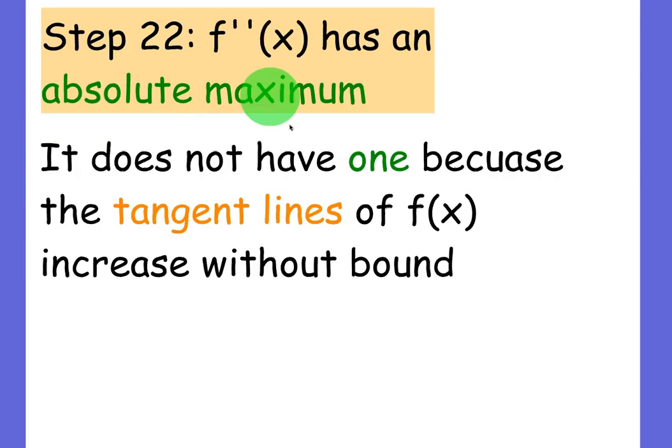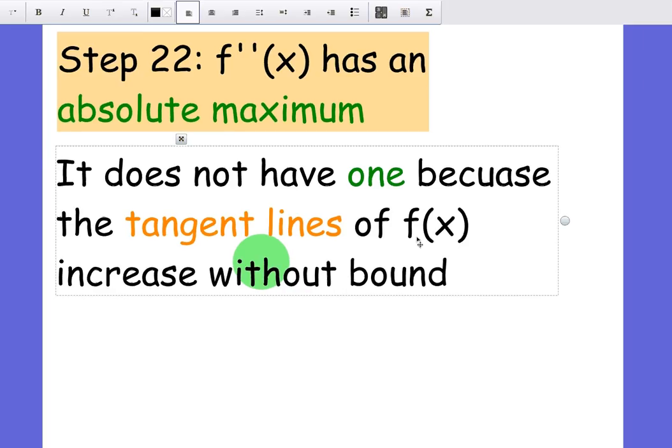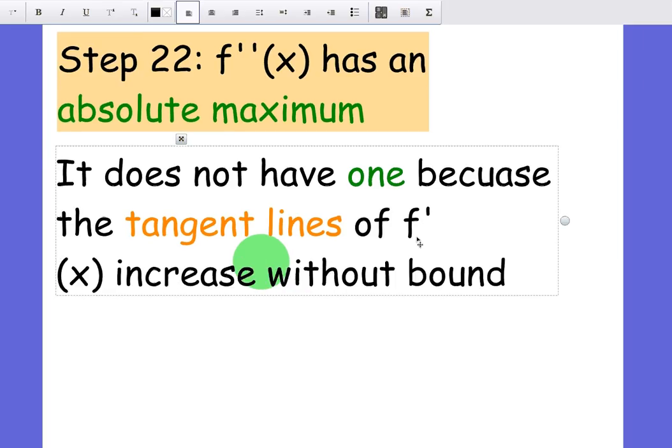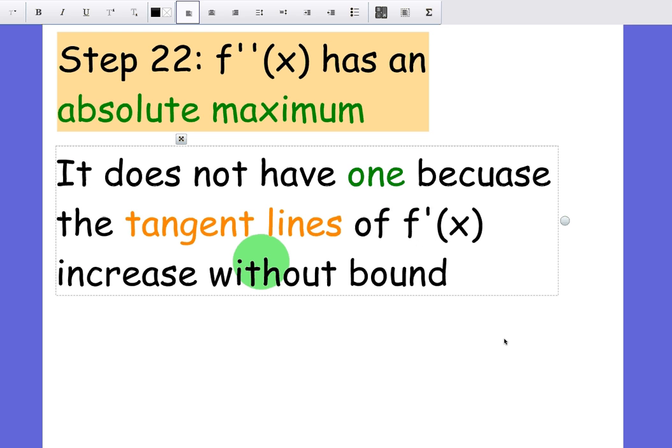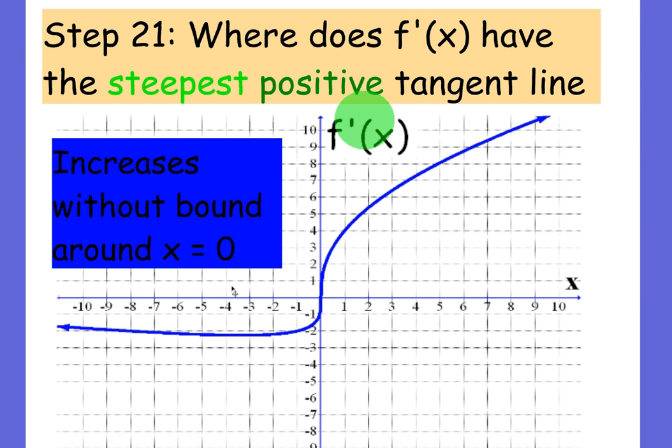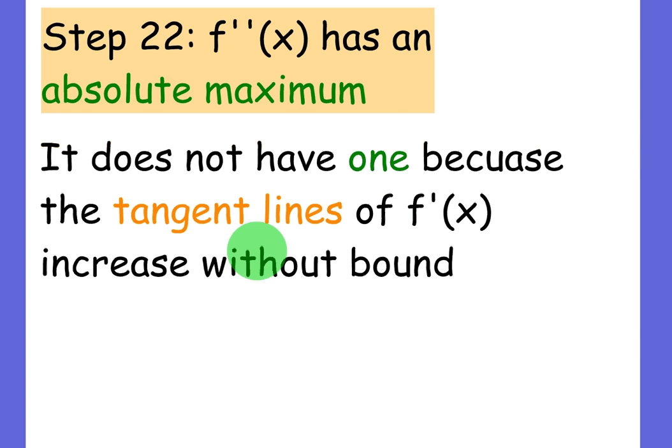So f double prime of x will not have an absolute maximum because f prime of x increases without bound. Particularly right around 0, we can see the tangent line is pretty close to infinity. So f double prime of x is not going to have an absolute max.